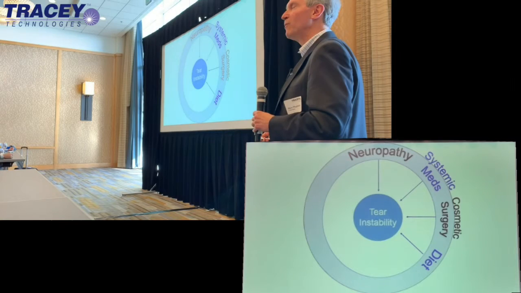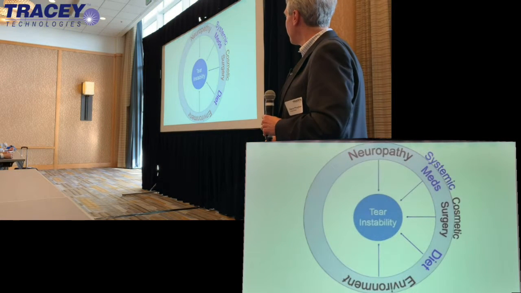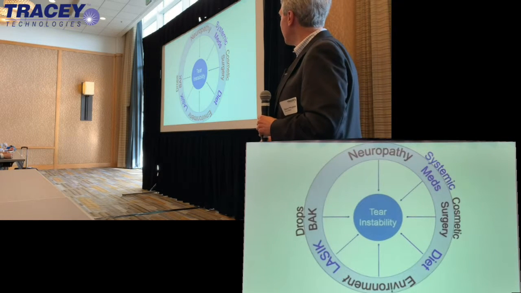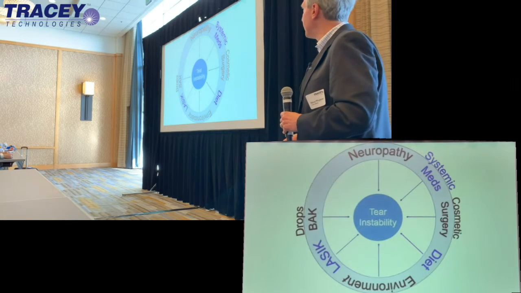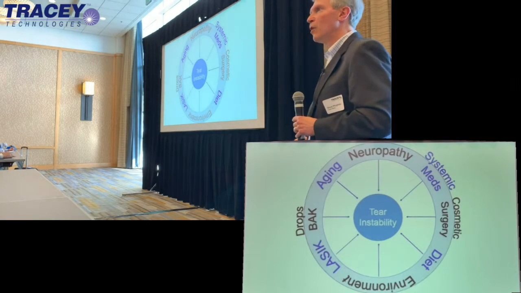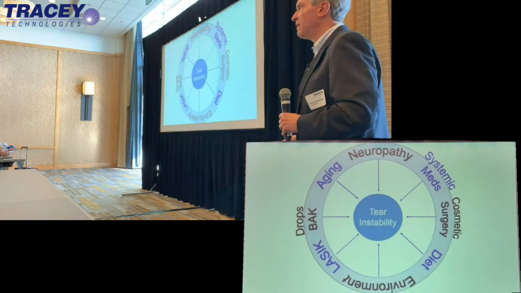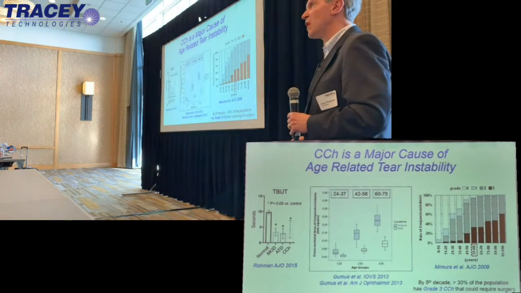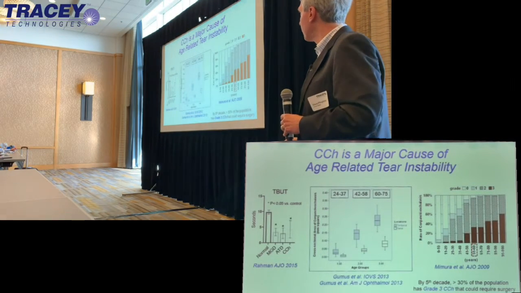The Western diet, which isn't really good for maintaining a stable lipid layer, the environment, LASIK surgery, eye drops that we use, especially prostaglandin analogs and benzalkonium chloride preservative, and then aging. We're all dealing with an aging population worldwide, so that's probably the number one cause for greater instability, and it's also in the population that we're doing cataract surgery on.